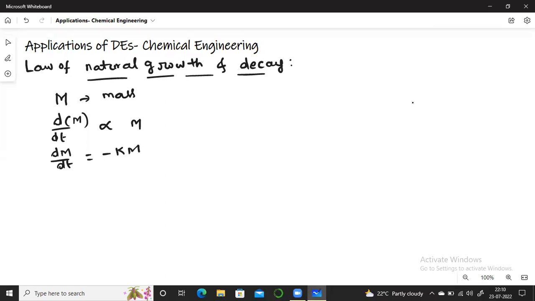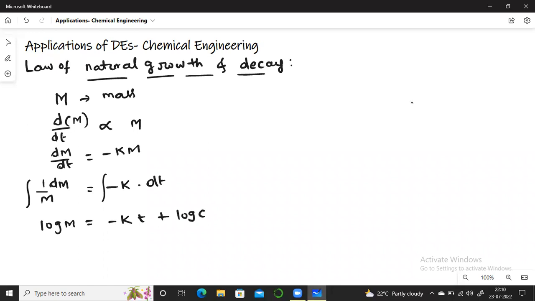Now I can do variable separable. It means dm over m on the left-hand side, minus k into dt. So on both sides I apply integration. The integral of 1 over m is log m, equal to minus k, integration of dt is t, plus some constant, I am taking log c.